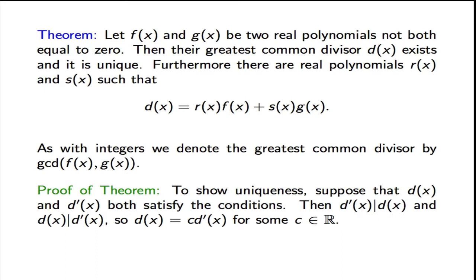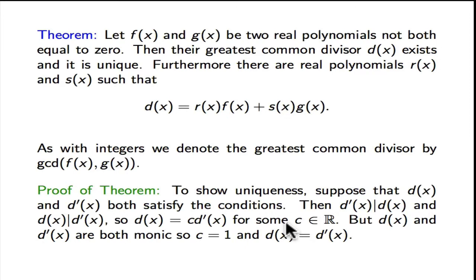But these conditions mean that d prime(x) must divide d(x), because we know that if something divides both f(x) and g(x), so this something is d prime(x), then it must divide d(x) as well. And vice versa, because d(x) divides both f(x) and g(x), then it must divide d prime(x). But now we know from the theory of polynomials we developed so far that d(x) is equal to some constant c times d prime(x), for some real number c.